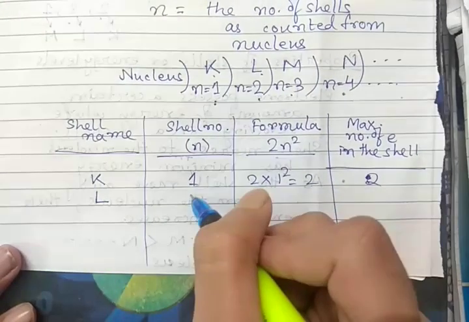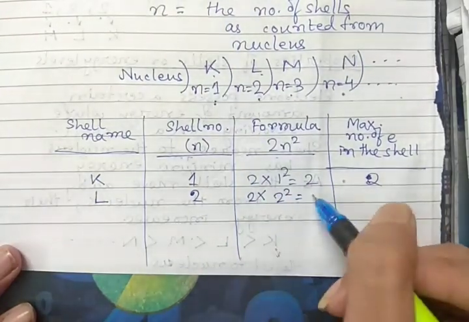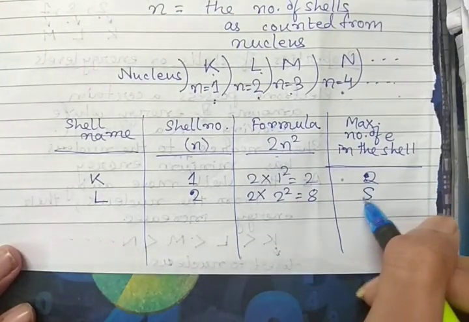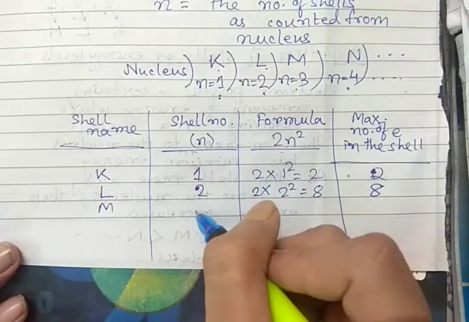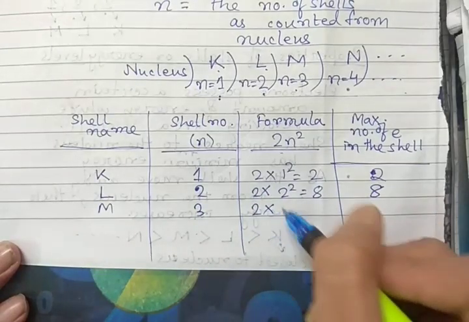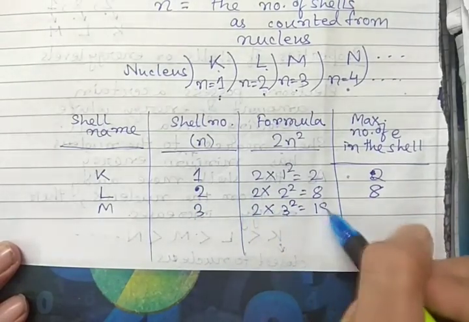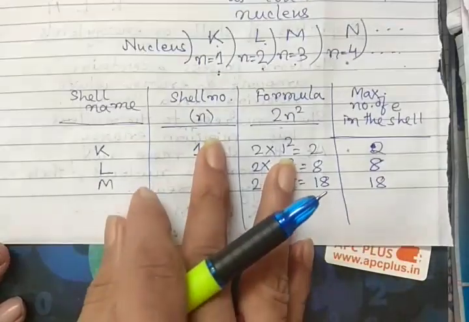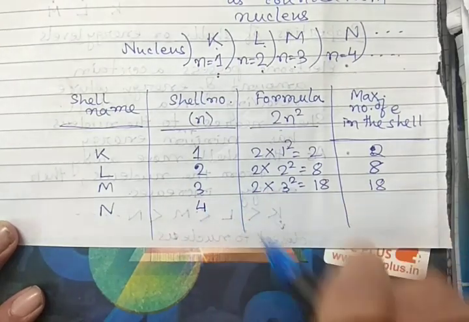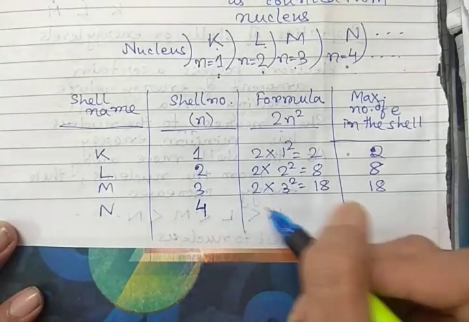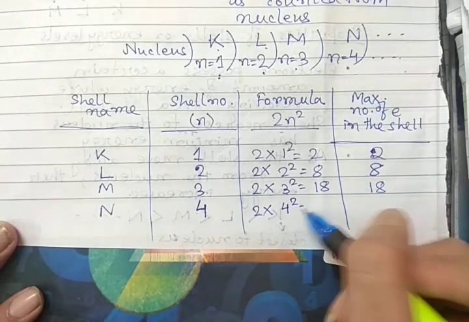2n স্কোয়ার রুল অনুযায়ী এল শেলে কটা হবে? এল শেলের শেল নাম্বার 2, তাহলে 2 ইন্টু 2 স্কোয়ার, দ্যাট মিনস 2 ইন্টু 4 8, তাহলে ম্যাক্সিমাম নাম্বার অফ ইলেকট্রনস ইজ 8। এম শেলে 3, তাহলে 2 ইন্টু 3 স্কোয়ার, দ্যাট মিনস 2 ইন্টু 9 18, তাহলে এখানে ম্যাক্সিমাম নাম্বার অফ ইলেকট্রনস ইজ 18। এন শেলে হচ্ছে 4, শেল নাম্বার ইজ 4, therefore formula is 2 into how much? 2 into 4 square, that means 2 into 16 is 32.